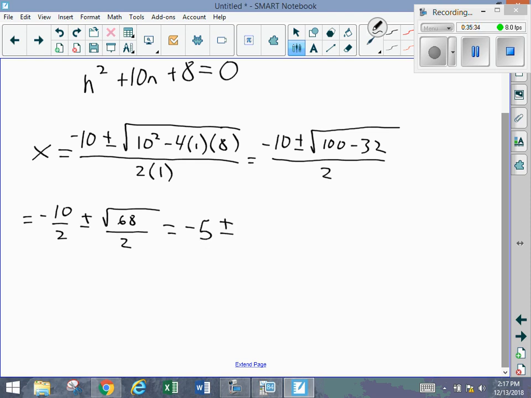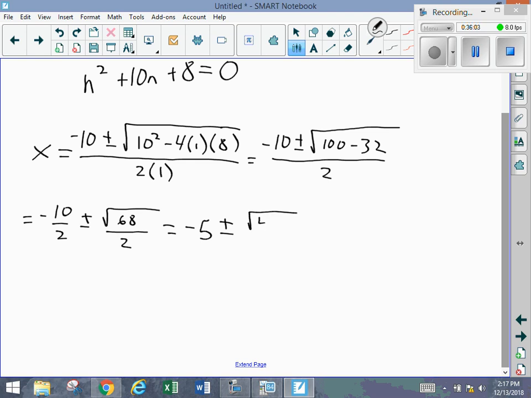And then it appears that I should probably simplify this 68. I could make what is called a simplified radical. Is 68 divisible by a perfect square? It is divisible by 4, and that's the biggest one we can find.